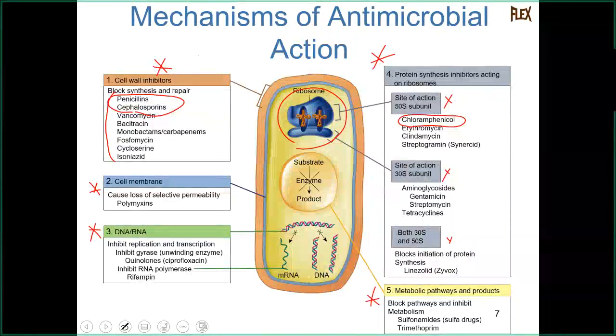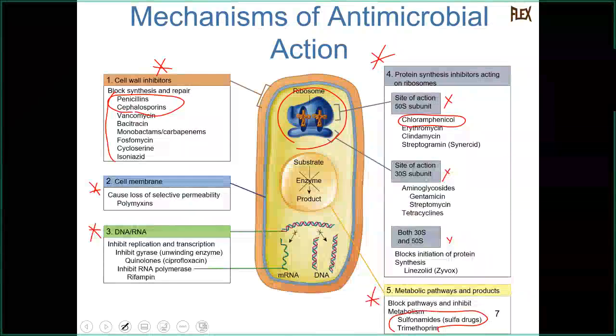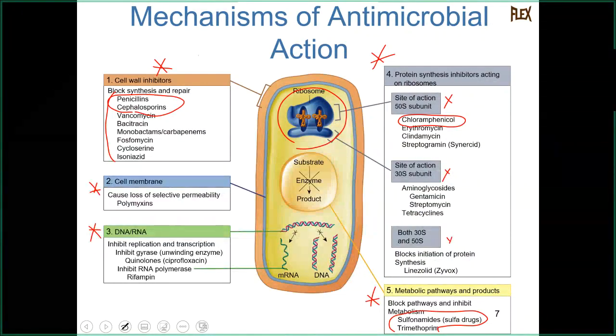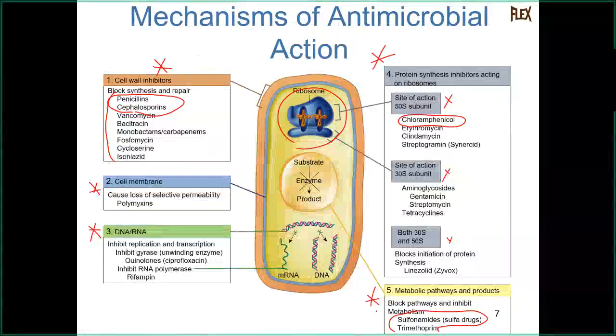So that's another vulnerability, the metabolic pathways. And so we'll look at examples of those. Now, these drugs that are listed here for that, these are actually synthetic drugs that are antimicrobials, but they are not, strictly speaking, antibiotics. All right, but those can be used as well.